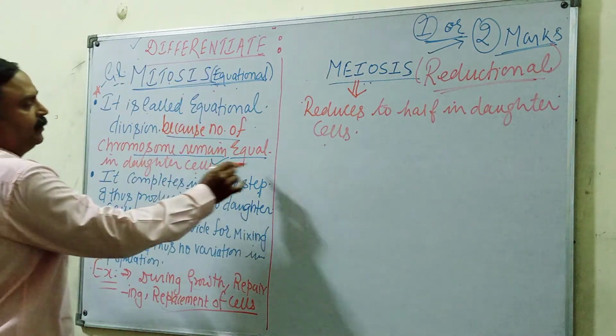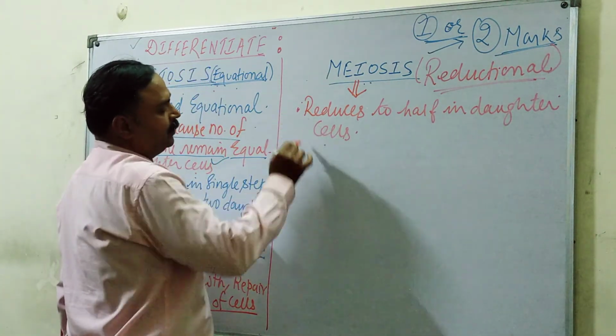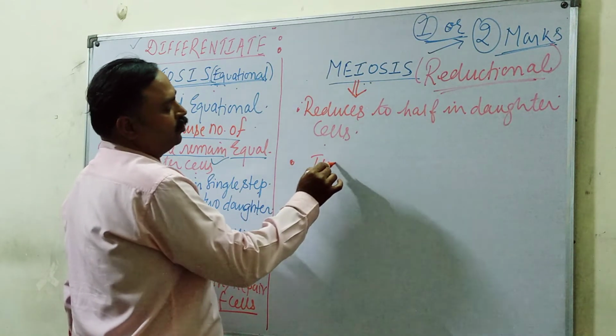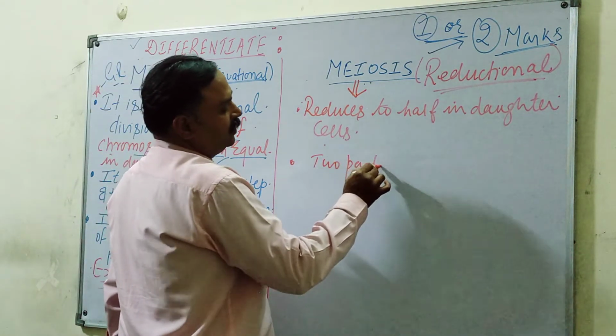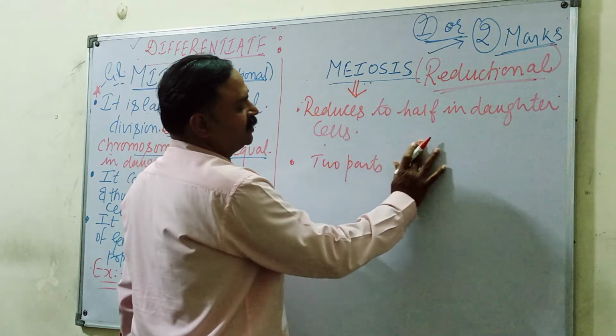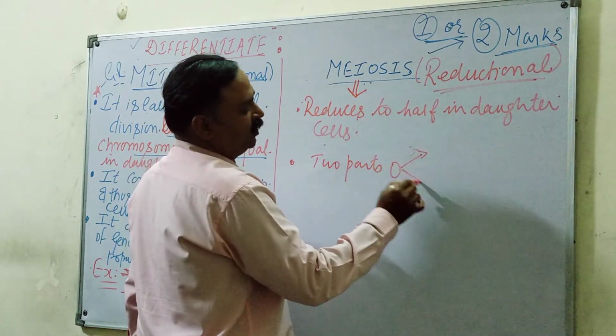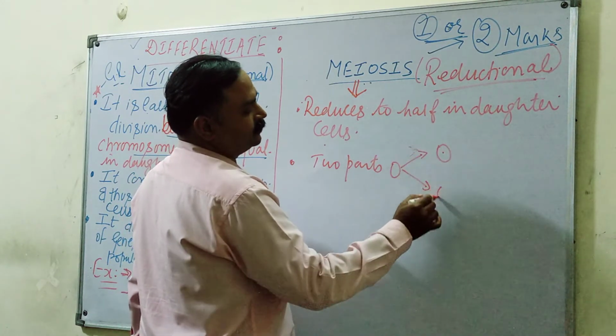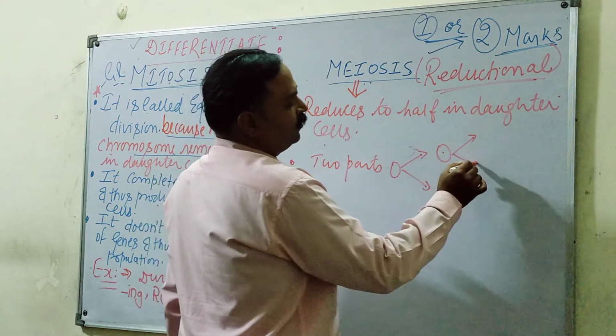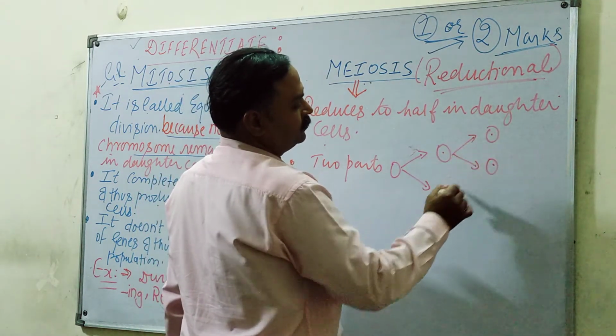Second point, it completes, this I have told you, in 2 parts. Thus, if it completes in 2 parts, how many daughter cells will be formed? 4 daughter cells will be formed.